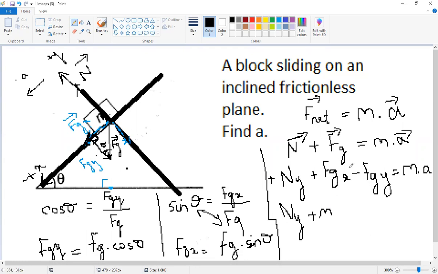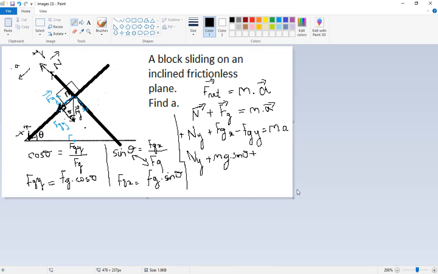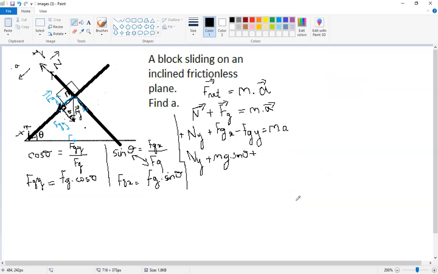If you want to substitute FGX, it's mg sine theta plus mg cosine theta equals ma. And this here is minus, not plus.